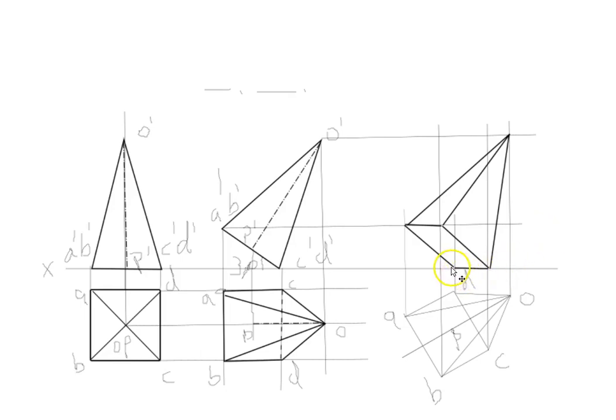And then, as you know, this edge, the farthest edge, that is OD, which is this one, is definitely going to be hidden from view. So we draw that edge there, and we make it a dashed line.